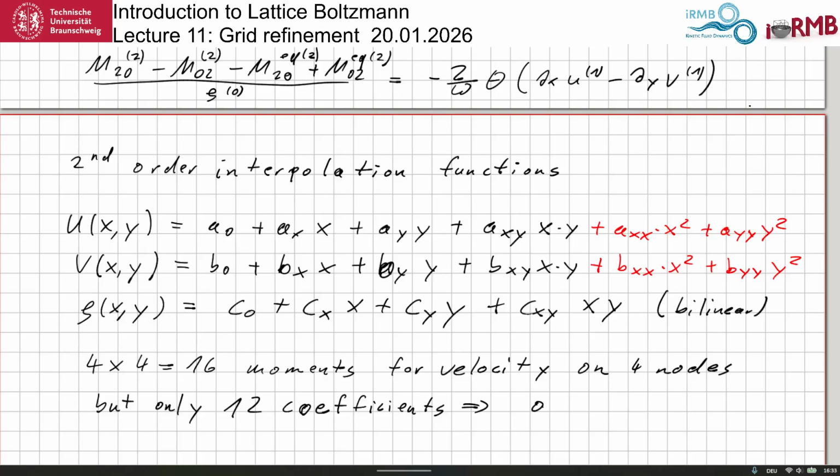And this gives us an overspecified system. This was a surprisingly big problem in the beginning of this, how to deal with this.